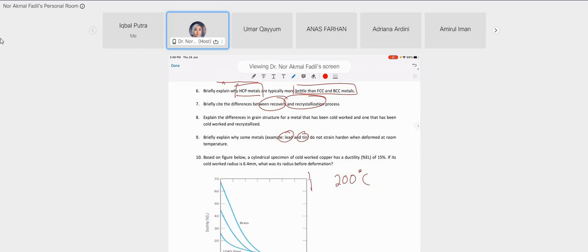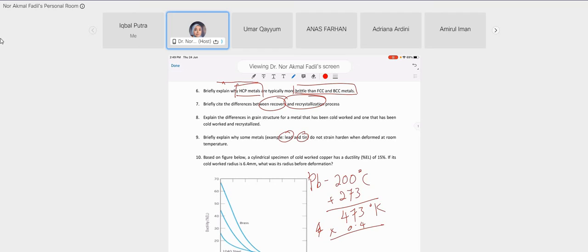Lead, 200 something. Plus 273 is equivalent to 473 degrees Kelvin. So one third, or multiply by 0.4, you will get the value there.